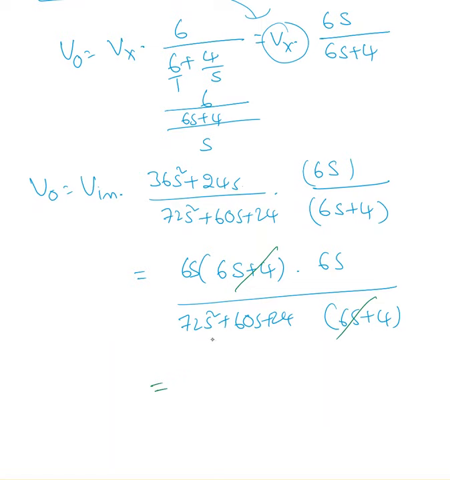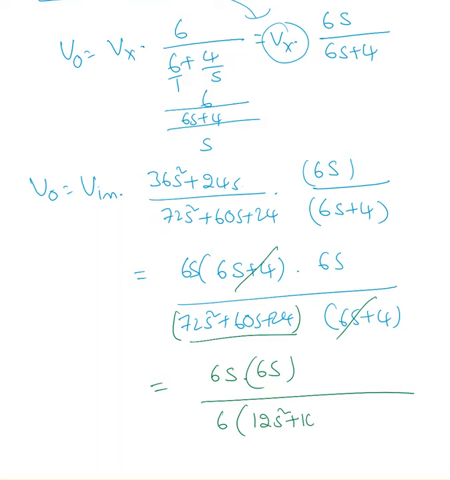Now, is there any way I can pull out 6 here? I can pull out 6 in this denominator. So 6s times 6s over, if I pull out 6, which is 12s square plus 10s plus 4. Okay, the 6 gets cancelled out.